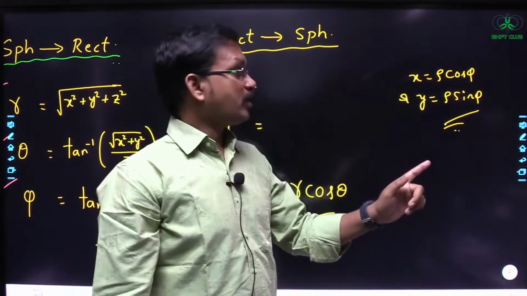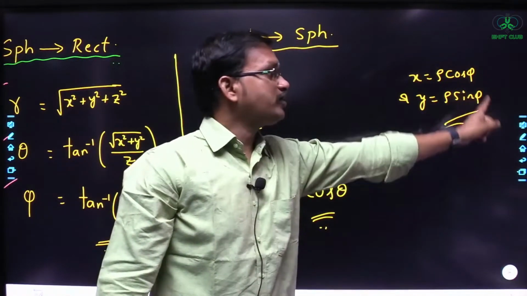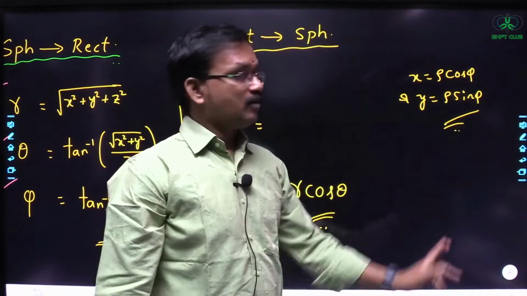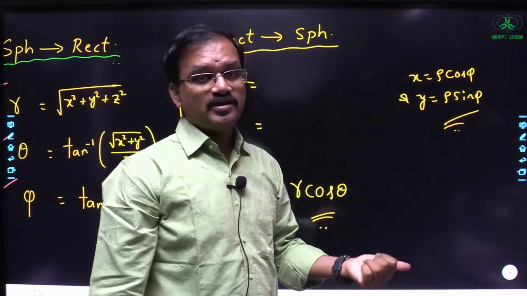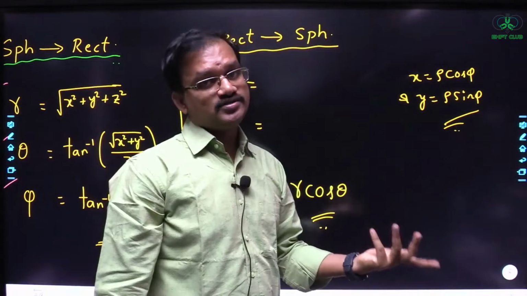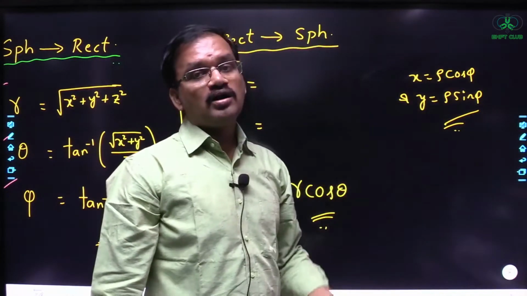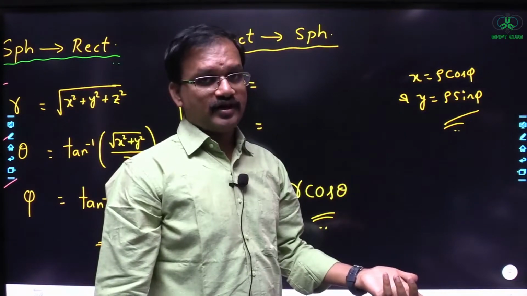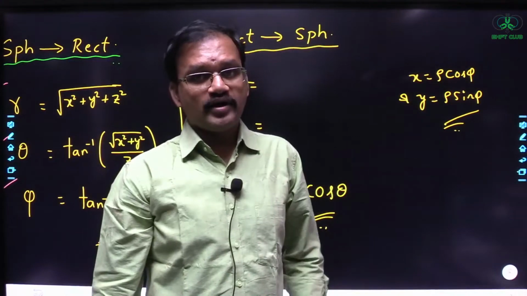In the spherical coordinate system, the definition of phi remains the same, so phi is not going to change. But rho we can replace with r sin theta in the spherical coordinate system.